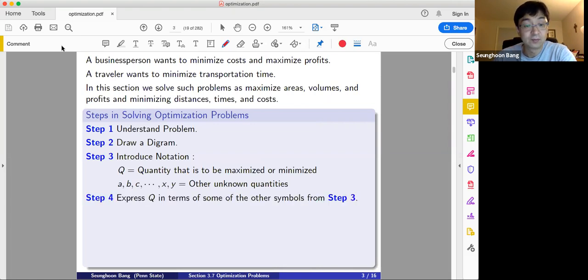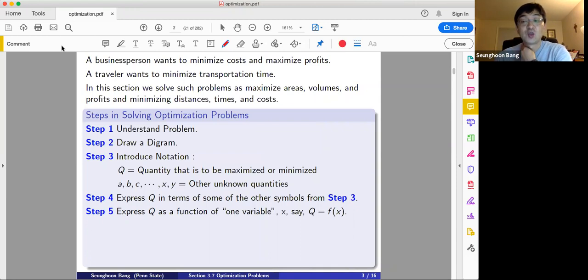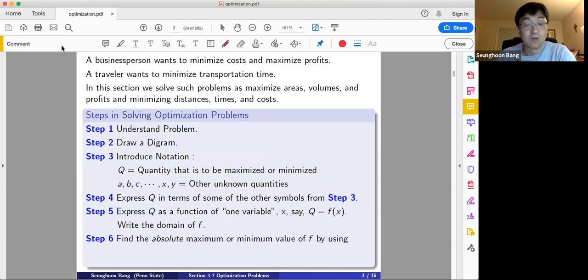Step 4, express Q in terms of some of the other symbols from step 3. Step 5, express Q as a function of one variable x, say Q equals f of x, only one variable. Next, find the domain. Step 6, find the absolute maximum or absolute minimum of f.